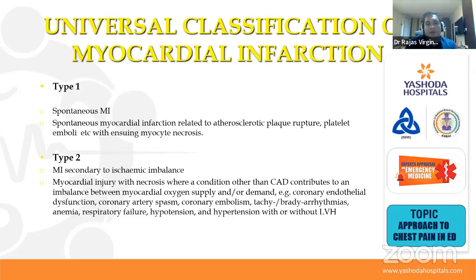So this is the universal classification of MIs. Type 1 is the MI that we are all used to, which is caused by atherosclerotic plaque rupture, platelet emboli, causing myocyte necrosis. Type 2 MIs are due to ischemic imbalance. Myocardial injury can occur when a condition other than coronary artery disease contributes towards that mismatch between oxygen supply or demand.